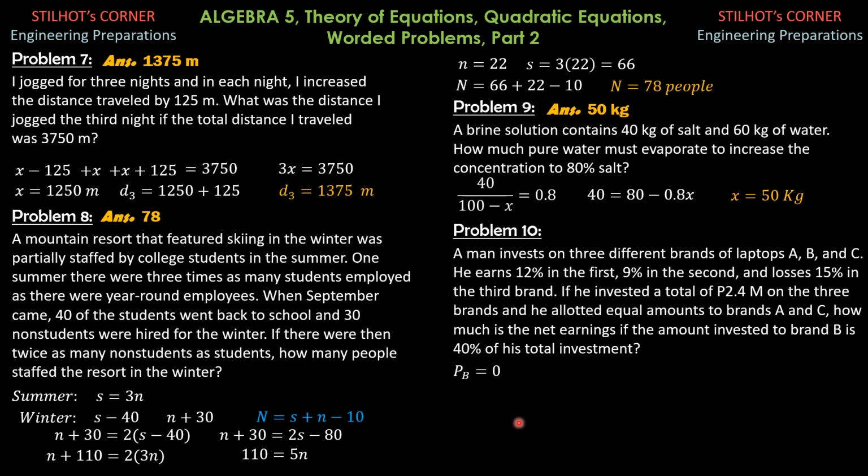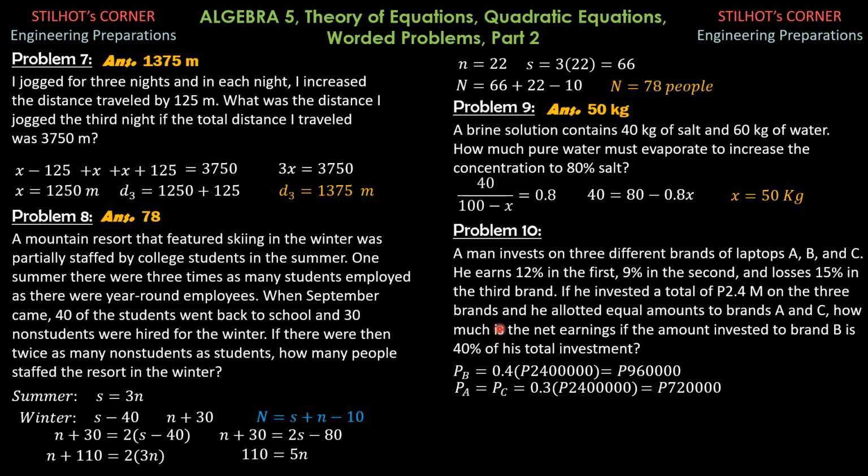So capital or principal allotted to B is 0.4 of 2.4 million or 2,400,000, and it is equal to 960,000 pesos. The amount allotted to A and C equal, so 30% each. So P sub A equals P sub C equals 0.3 of 2,400,000, and that is equal to 720,000 pesos.